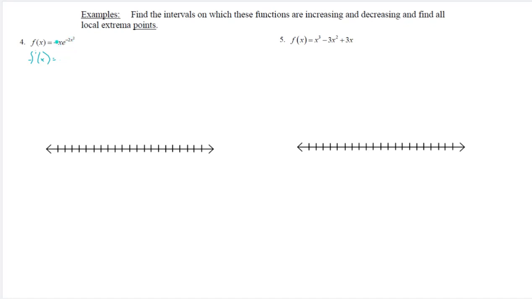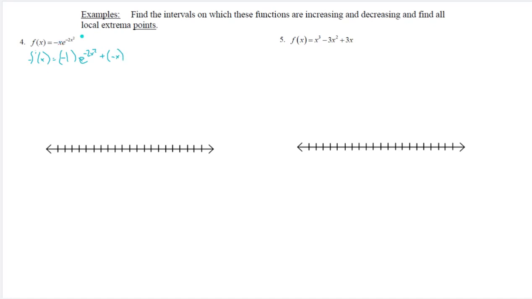So to find the derivative of this is going to be a combination of product rule and chain rule. Our product rule is the negative x and the e to the negative 2x squared. So we'll start off with that. This is going to be a negative 1 times our e to the negative 2x squared. We're adding to that, in this case, a negative x.